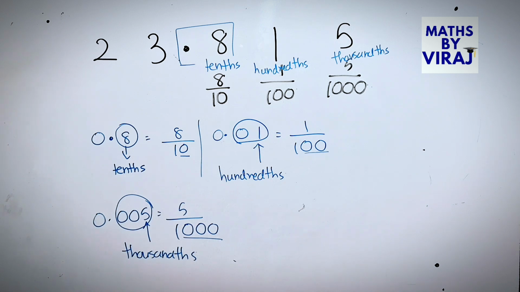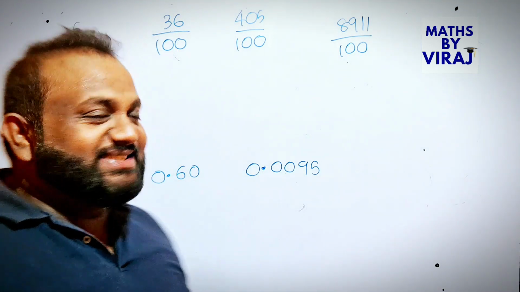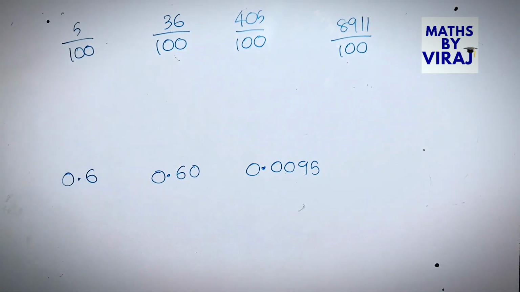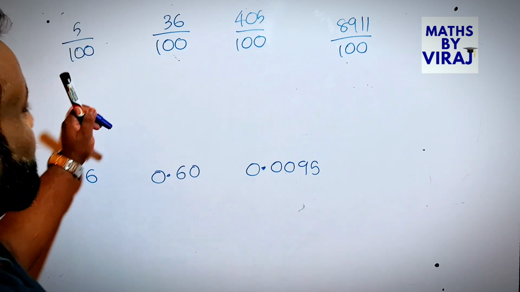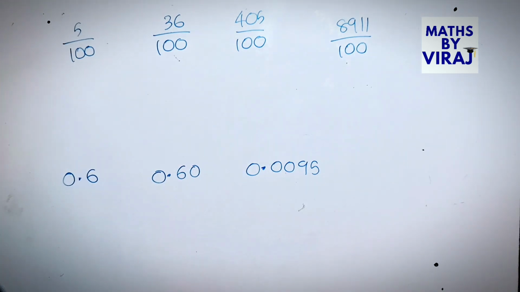Now let's see how we convert fractions into decimals and how decimals can be converted into fractions. Children, let's look at these examples. I have 4 fractions and I have 3 decimals. Let's try to convert these 4 fractions into what? Decimals. Right.